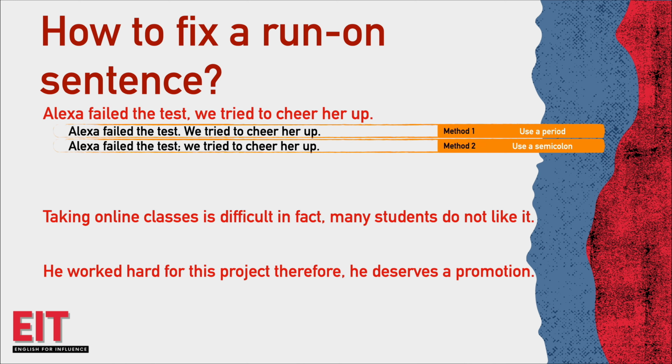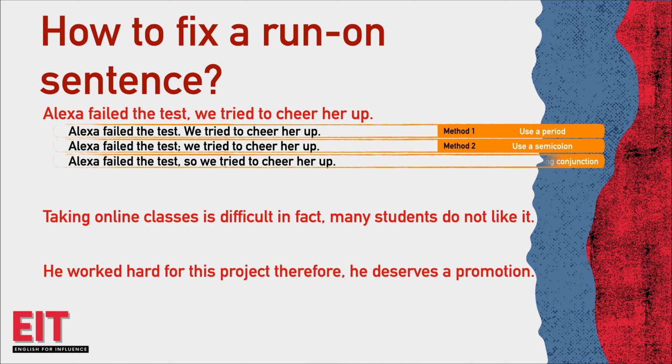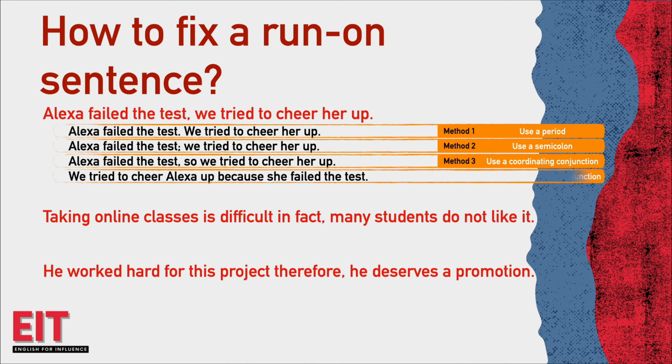Yeah, we can use so. Alexa failed the test, so we tried to cheer her up. Or we can restructure the sentence and use a subordinating conjunction because. We tried to cheer Alexa up because she failed the test. We still get the same meaning, but we write it differently.